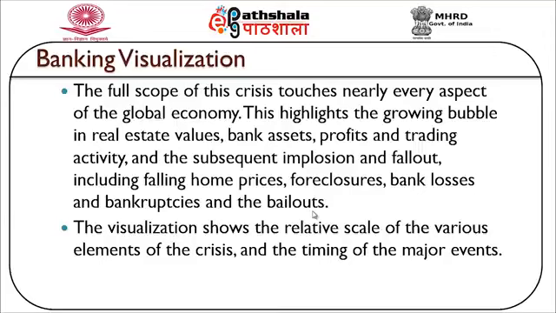This highlights the growing bubble in real estate values, bank assets, profits and trading activity, and the subsequent implosion and fallout, including falling home prices, foreclosures, bank losses, bankruptcies and the bailouts. So the visualization shows the relative scale of the various elements of the crisis and the timing of the major events.